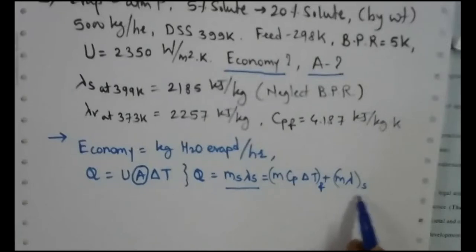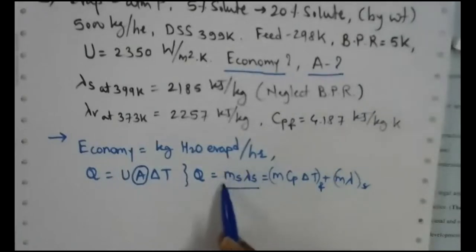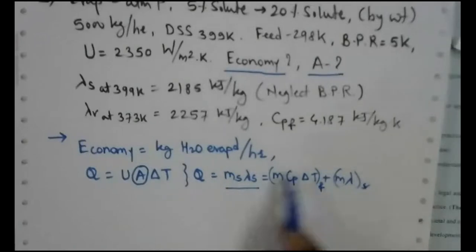So that is the combination of sensible heat Q and latent heat Q. This is the vaporization calculation and this is the sensible heat calculation for the feed. So from either formula, we can calculate this Q. Again, we have to check whether all these parameters are given or not.